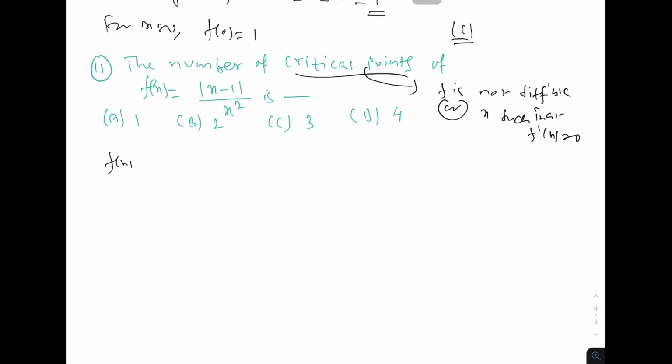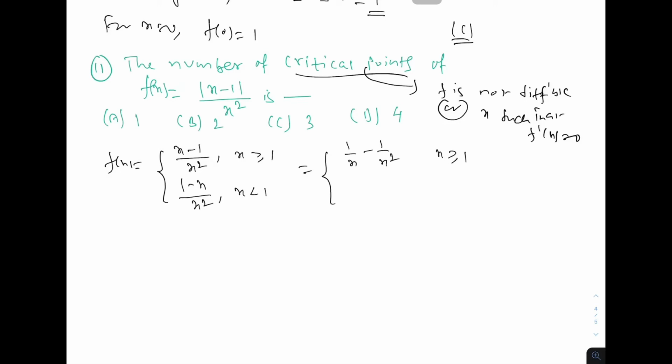Now what is f x here? It is x minus 1 over x square when x is greater than or equal to 1, and 1 minus x over x square when x is less than 1. Or you can say it is 1 by x minus 1 by x square when x is greater than or equal to 1, and when x is less than 1, it is 1 by x square minus 1 over x.